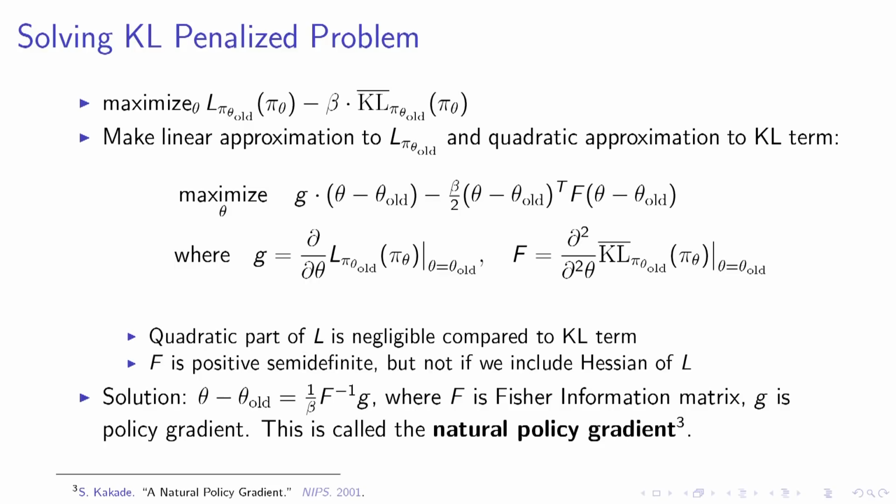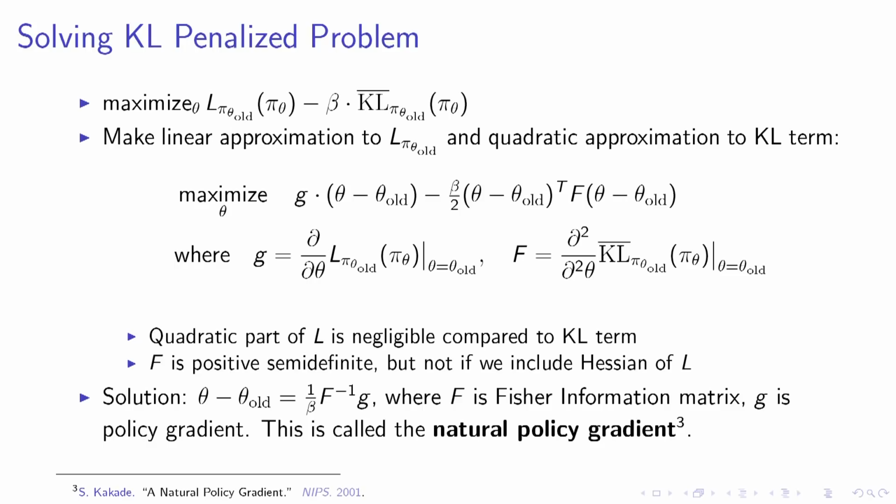The KL divergence has zero derivative at your starting point because it's minimized at your starting point. The KL has two arguments. It's like a distance between two probability distributions. If you vary one of the arguments and keep the other one fixed, the distance is minimized when you're at the starting point, and it goes up smoothly as you go away from it. So it looks like a quadratic distance function.